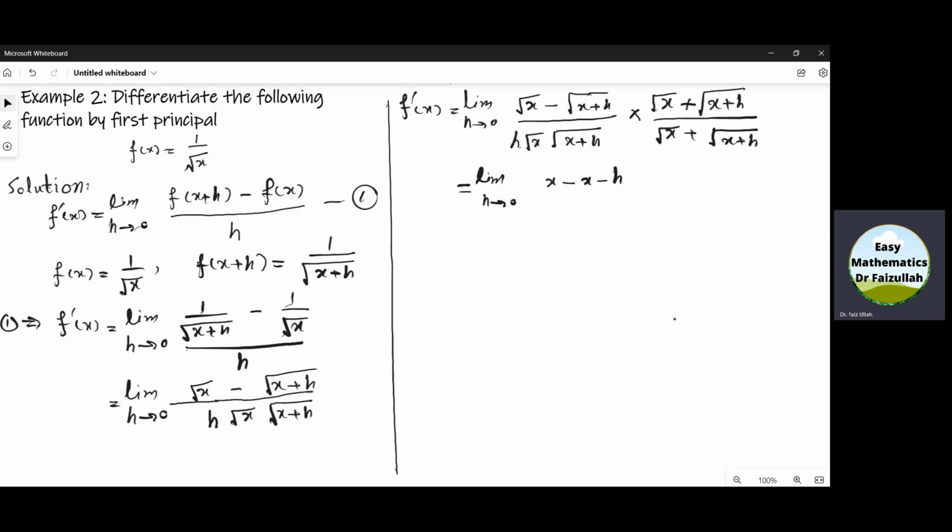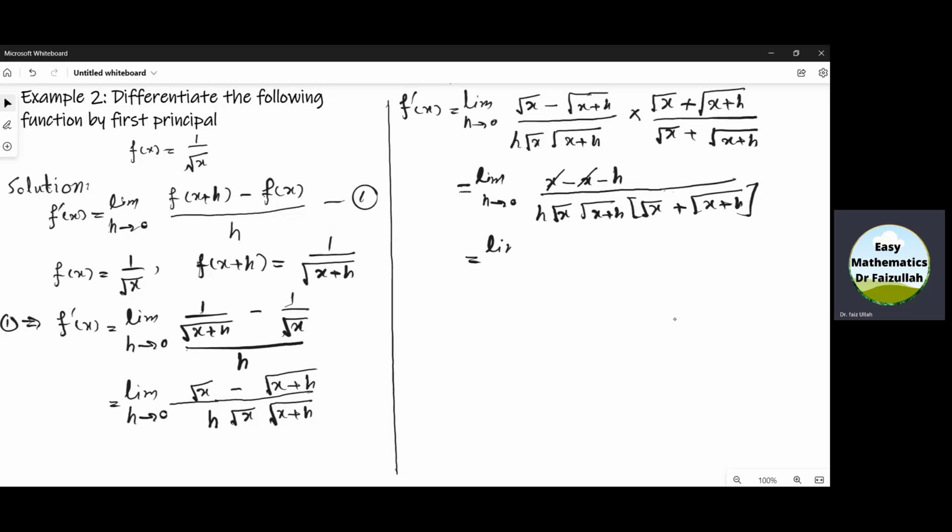So we get this thing divided by h under the root x under the root x plus h into under the root x plus under the root x plus h. Now here minus x will cancel with x. Similarly, h will cancel with the h which is in the denominator.